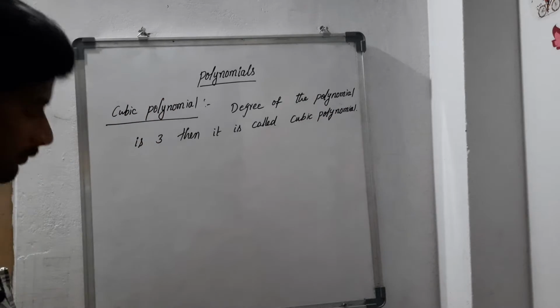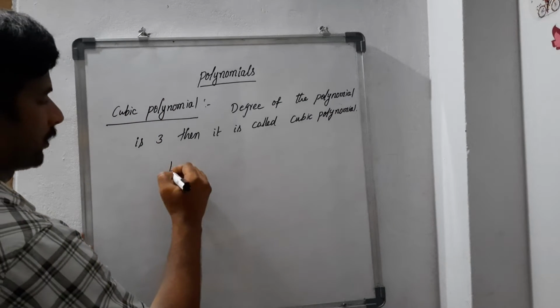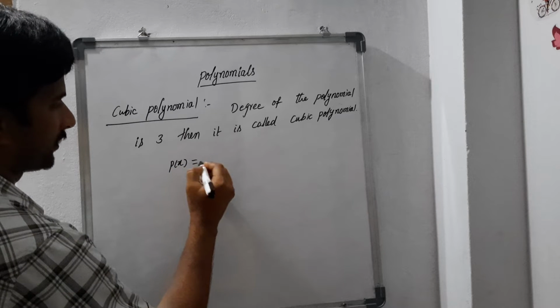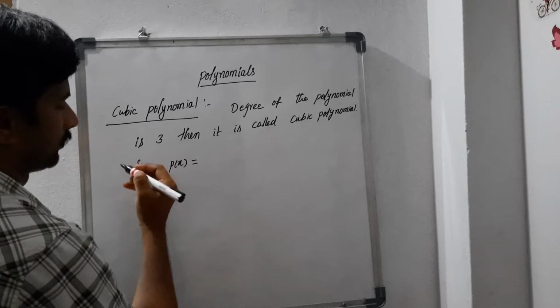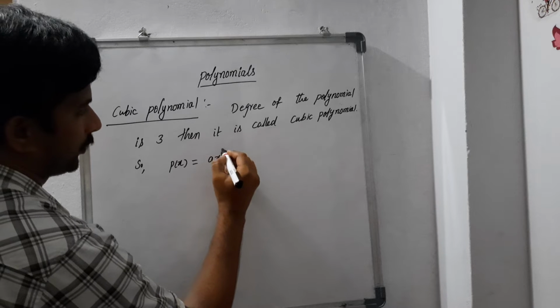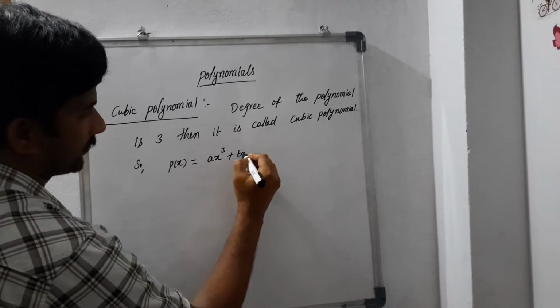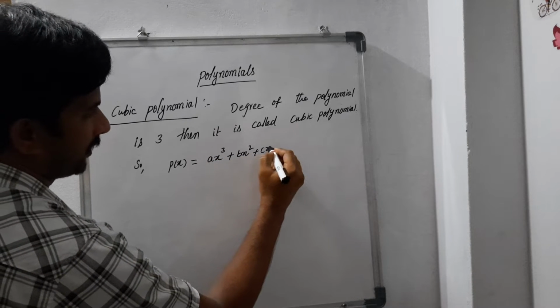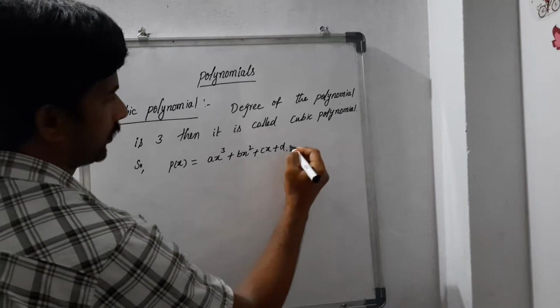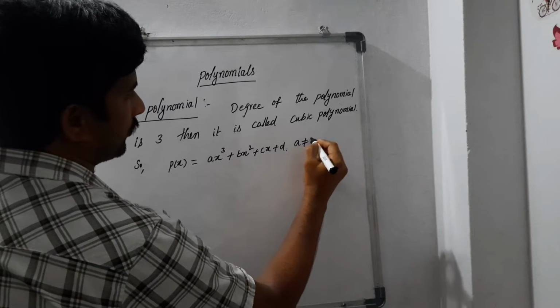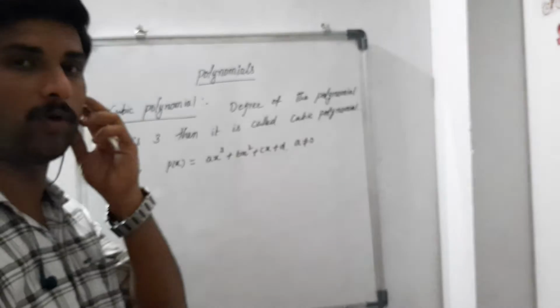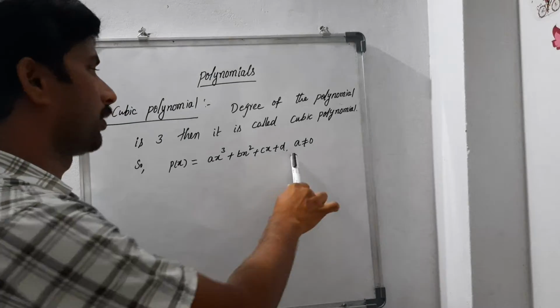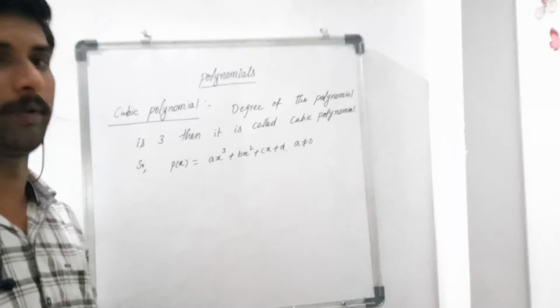Clear? So the general form of a cubic polynomial is p of x is equal to ax cube plus bx square plus cx plus d, where a is not equal to 0. This is the general form of a cubic polynomial.